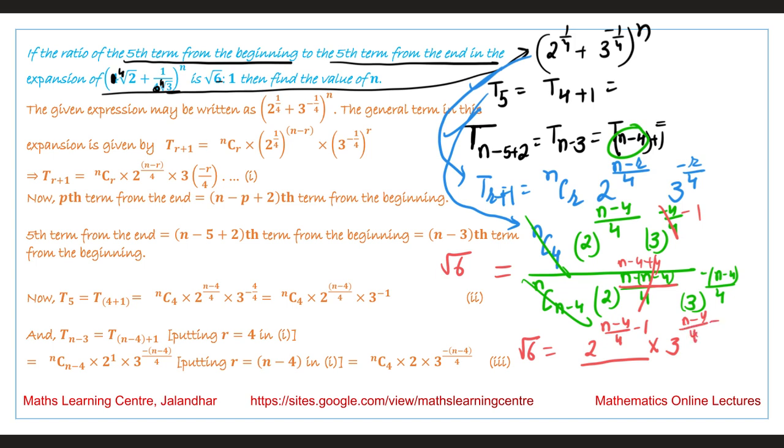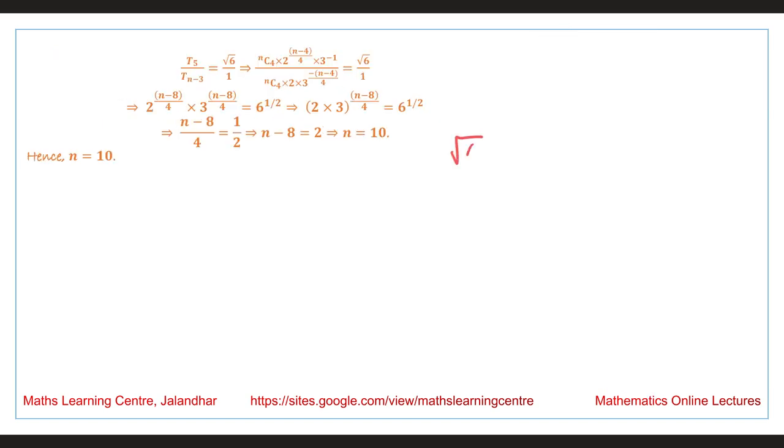So this is equal to 2 raised to the power. When we solve this value, it will become (n minus 8) by 4 into 3 raised to the power (n minus 8) by 4. So what we obtain is that square root 6 is equal to 2 raised to the power (n minus 8) by 4 into 3 raised to the power (n minus 8) by 4.